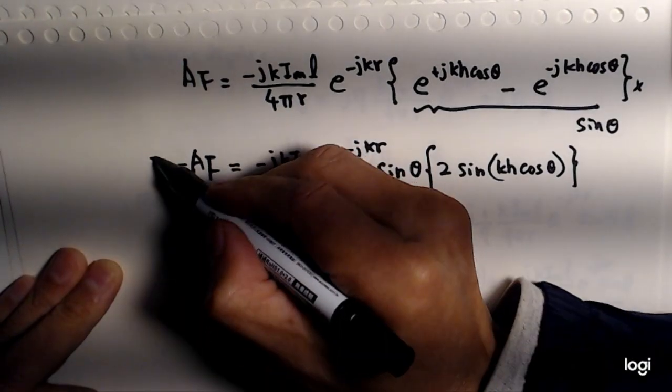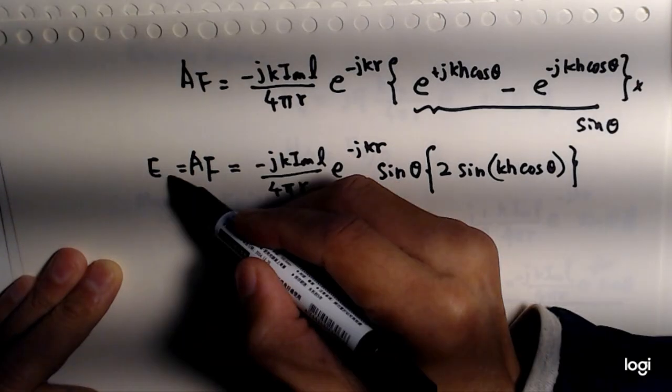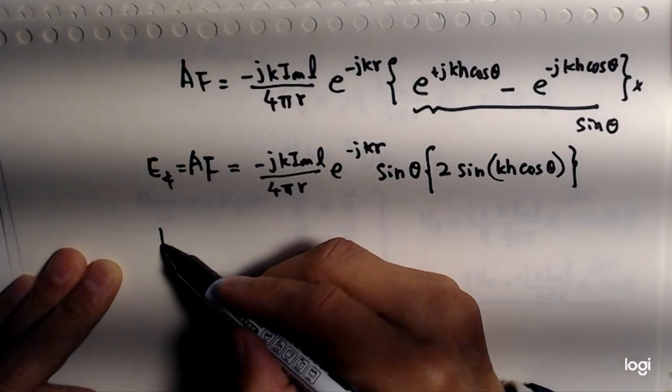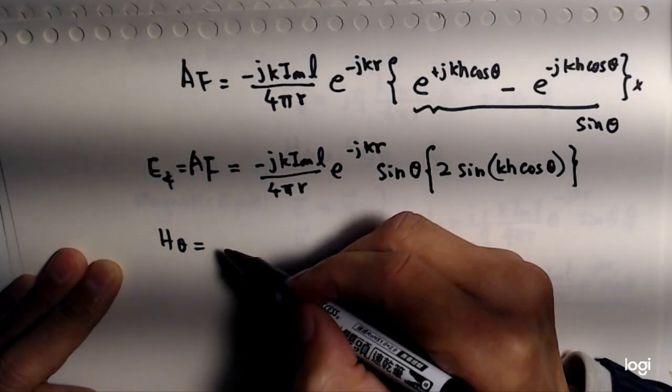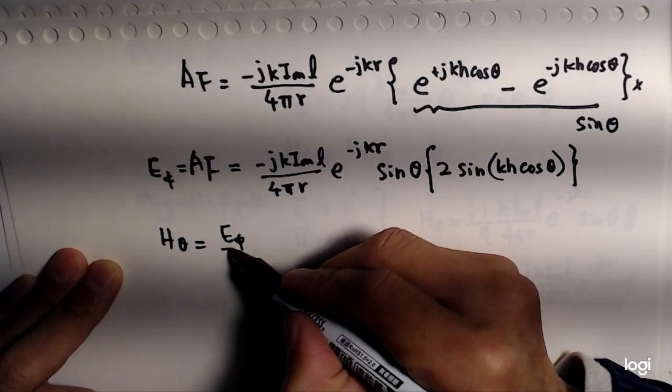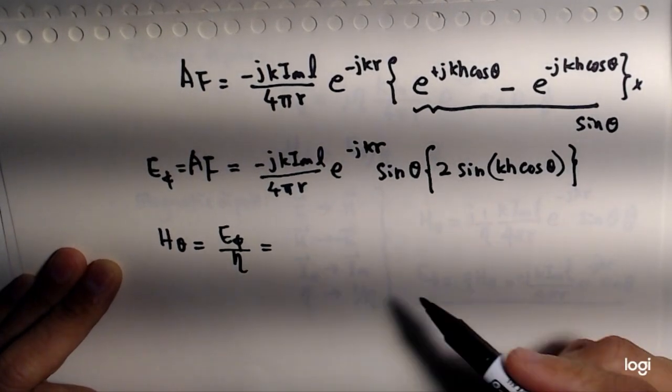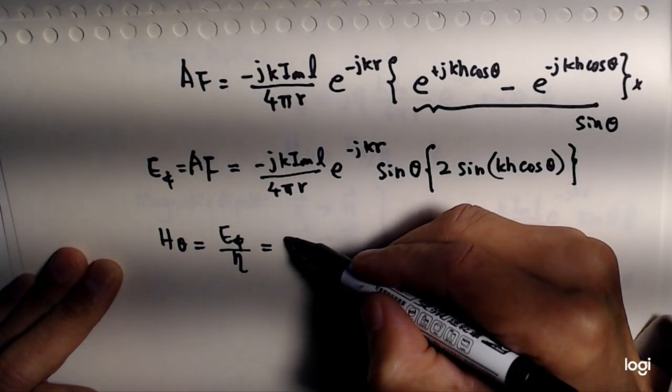And this one is the magnetic field, which will be equal to the electric field divided by the impedance. So it's just like this.